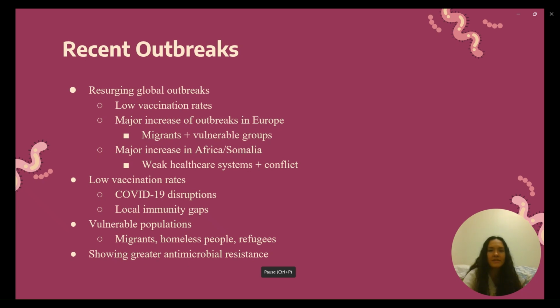There are low vaccination rates due to COVID-19 disruptions and local immunity gaps. Vulnerable populations such as migrants, homeless people, and refugees are affected to a greater degree. Corynebacterium diphtheriae is also showing greater antimicrobial resistance, which makes treatment harder.